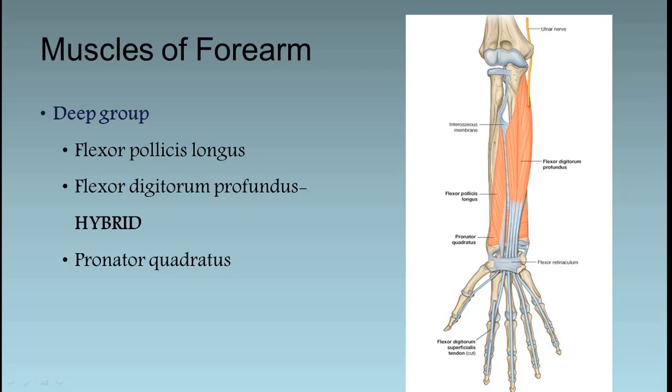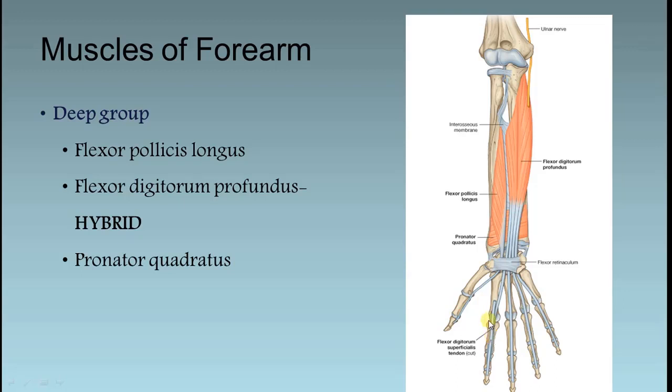Whereas if you look at the tendon of the flexor digitorum superficialis, only one tendon is shown here. It actually splits and gets inserted into the shaft or sides of the middle phalanx. So thereby flexor digitorum superficialis is responsible for flexion at the proximal interphalangeal joint.